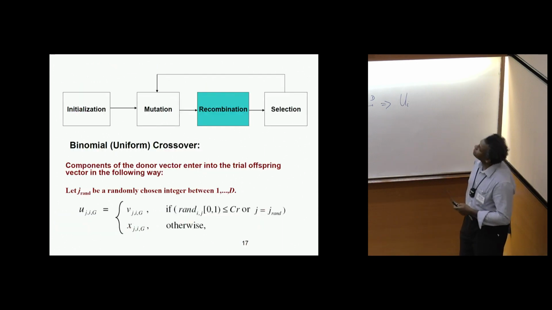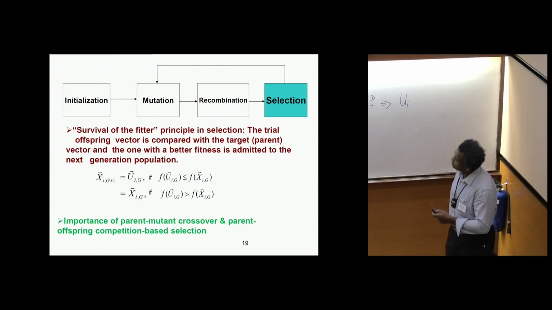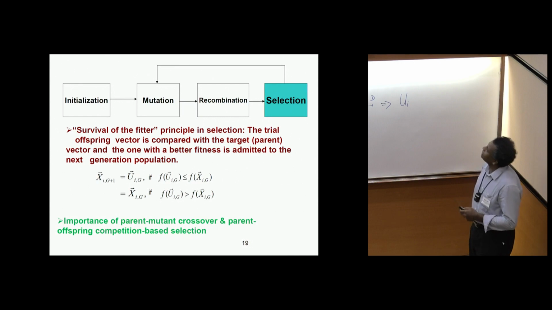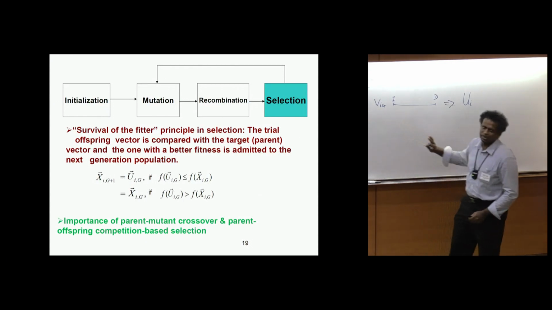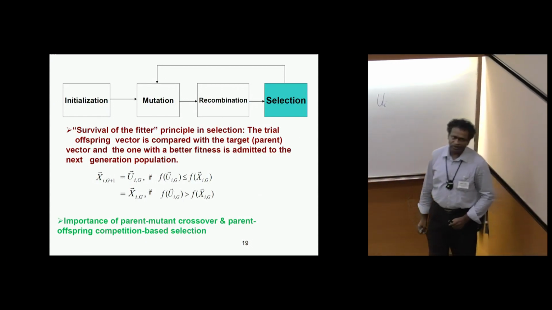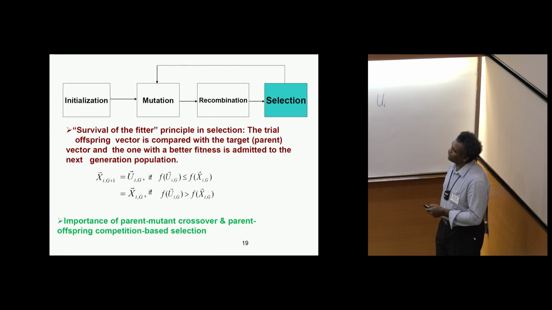So the selection: the competition is between the offspring vector, which is obtained by performing the crossover between the mutant vector and the parent vector, and the parent. If the objective value of the offspring is smaller or equal, you select the offspring. If the objective value of the offspring is higher, then you keep the parent.